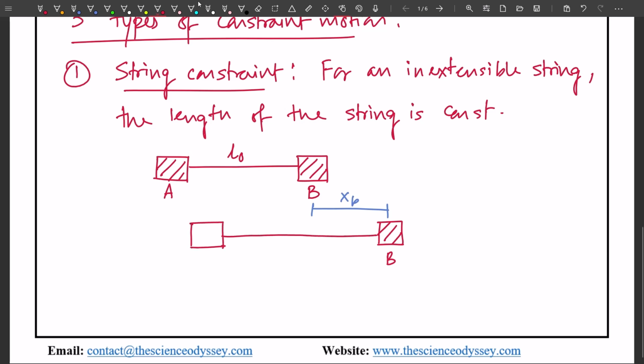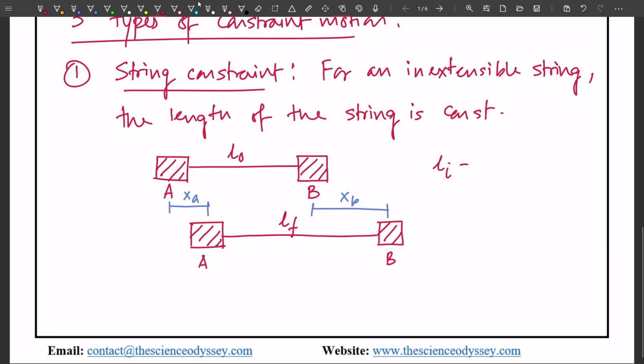Let's say the displacement of block A is xa. So you have to calculate the final length of the string, that is LF.